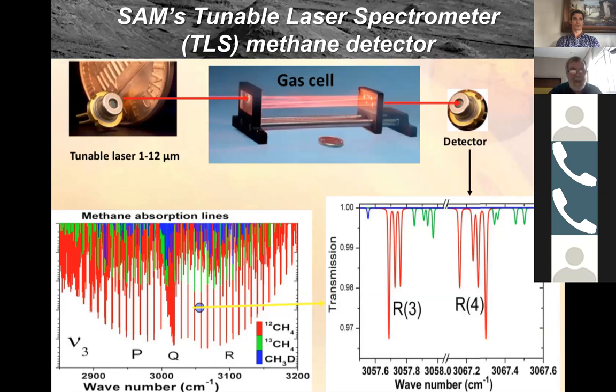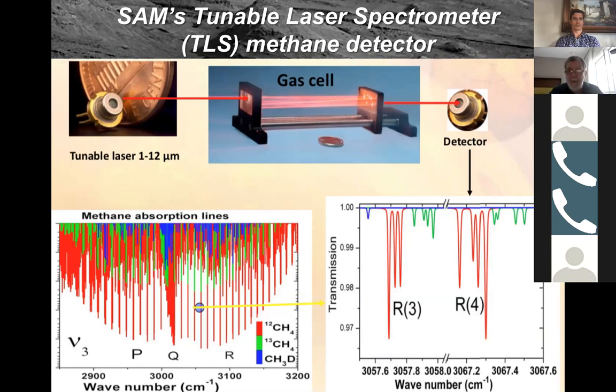And then methane, reacting to this infrared radiation, will absorb. And so the principal investigator of this instrument, Chris Webster at Jet Propulsion Lab, basically picked a laser that selected some lines out of this very, very rich absorption line spectra you see on the left.